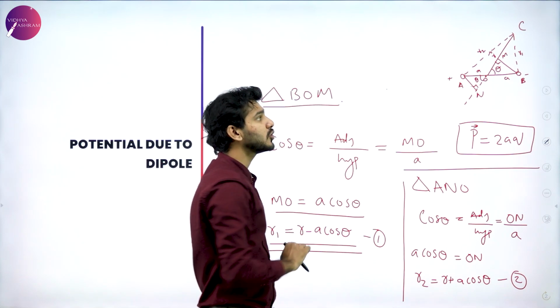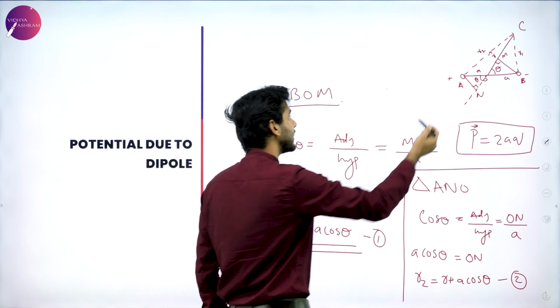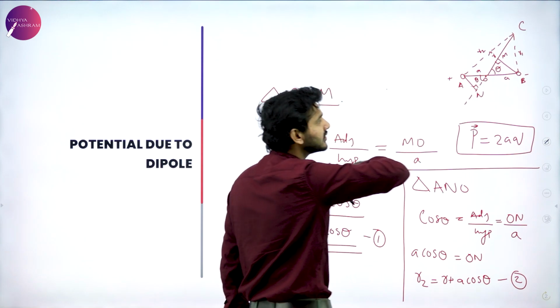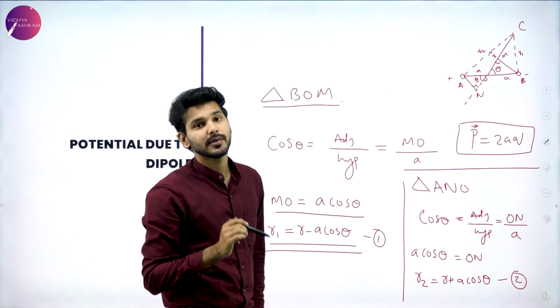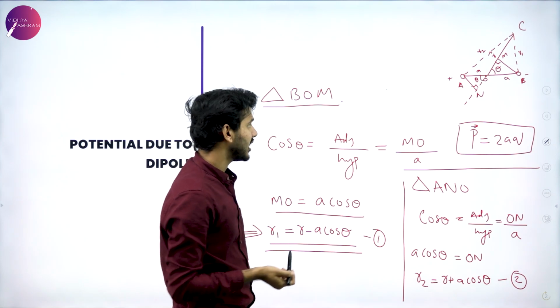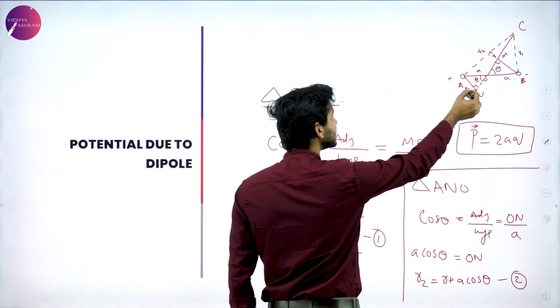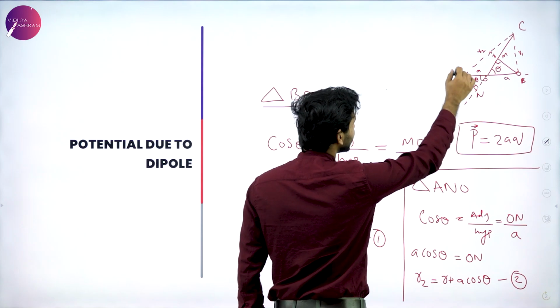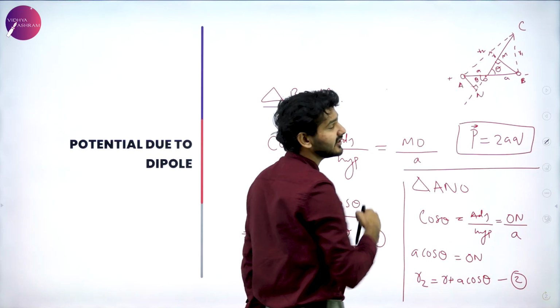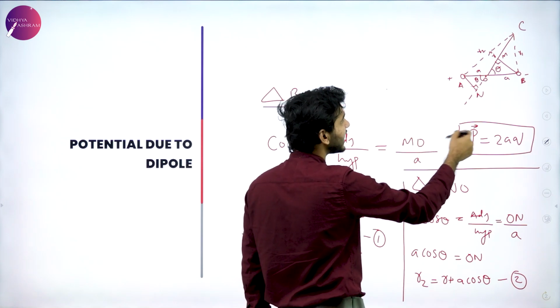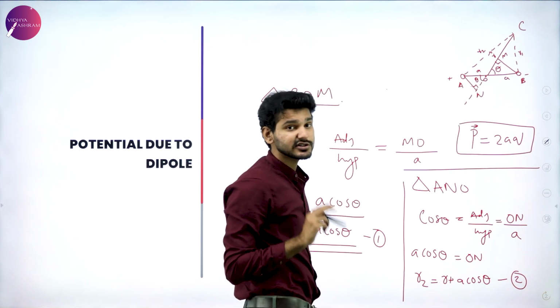Similarly, in order to find out what R2 is, we extrapolated the line, that is the vector R, backwards, and then we drew a normal from the dipole till the point it met the vector R. And then we considered a 90-degree angle here also, that is ANO. The side opposite to that particular angle will be the hypotenuse, that is also A, because the length of the dipole is 2A.